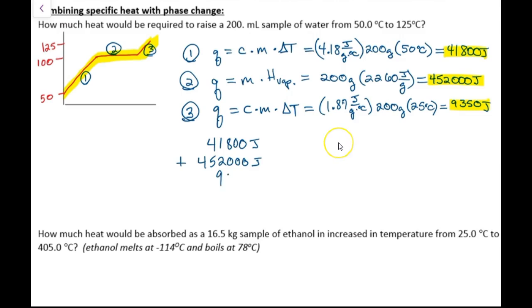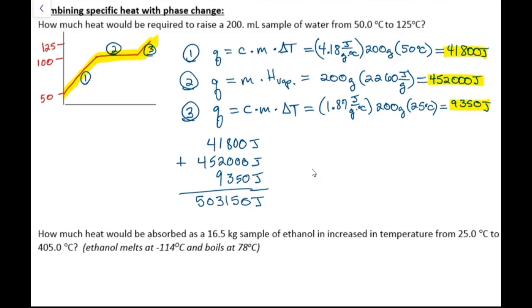If I add all those up, I should get 503,150 joules.